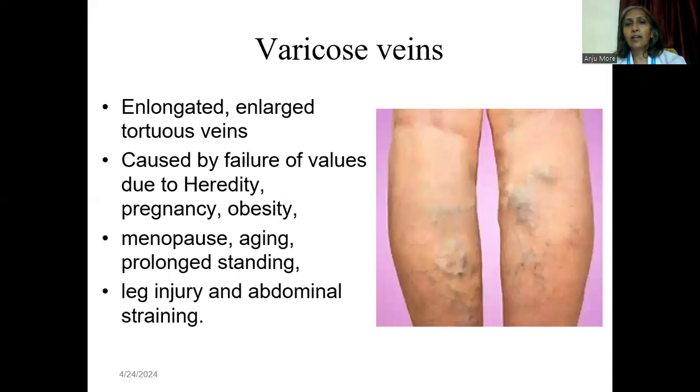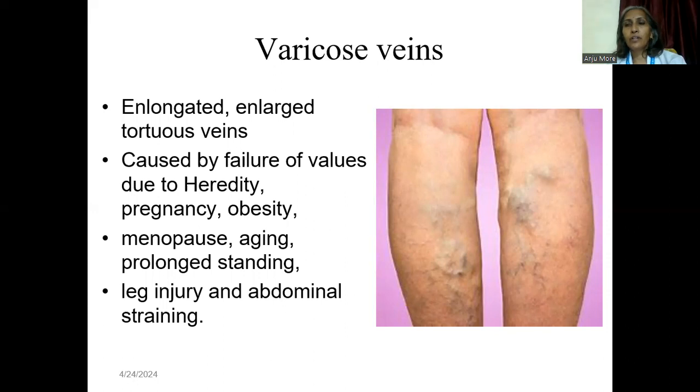Varicose veins are elongated, enlarged, tortuous veins, and this occurs due to failure of valves. The cause is hereditary. Sometimes the pregnant uterus presses over the larger veins, and so the peripheral veins become enlarged. It can be a result of obesity, menopause, aging, or prolonged standing due to occupational reasons.